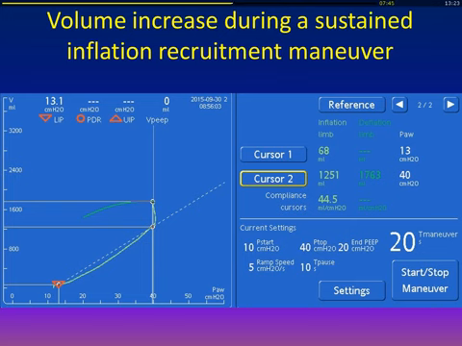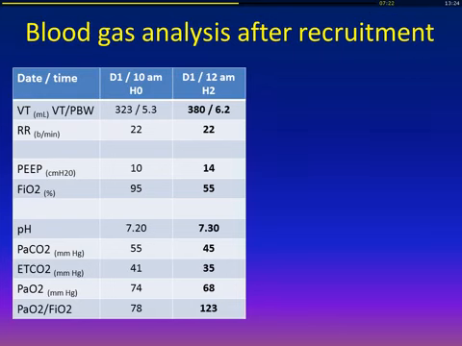So after this, what I would do is a decremental PEEP trial, so I will keep the PEEP manual and decrease the PEEP progressively, 20 to 18, 18 to 16, and so on, looking at the SpO2 and the compliance until we find the level of de-recruitment. So by doing this, we found, and we set the PEEP at 14 centimeters of water.